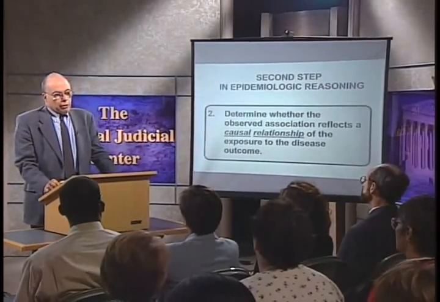Decades ago, when the possible link of cigarette smoking and lung cancer became apparent, the Surgeon General convened an expert group to set guidelines or criteria for how we would move to causal inferences from evidence of association. Some of these are seen on this slide.